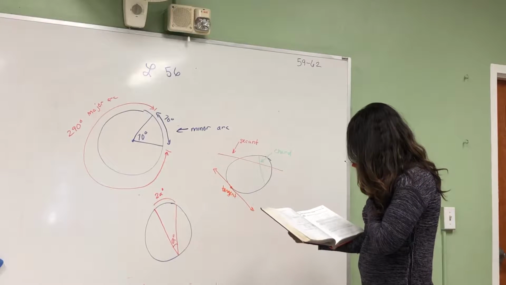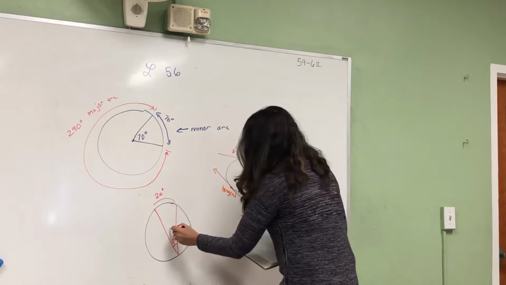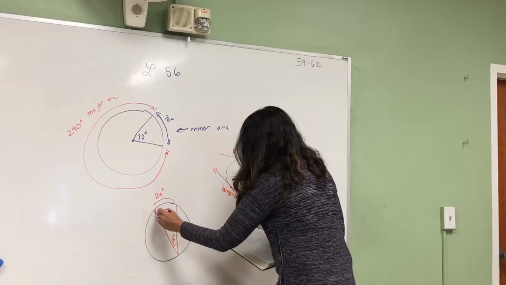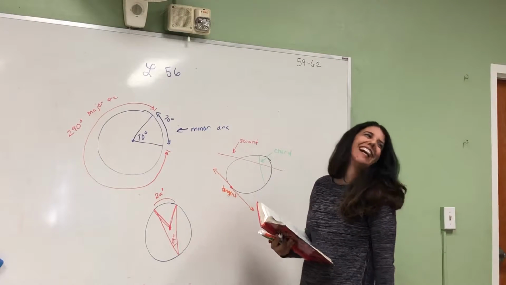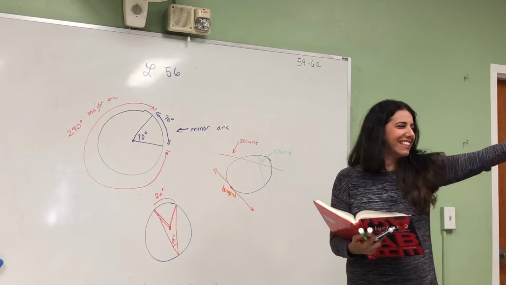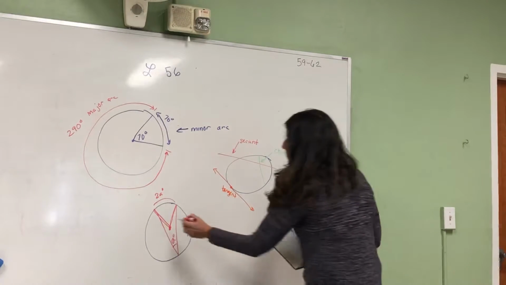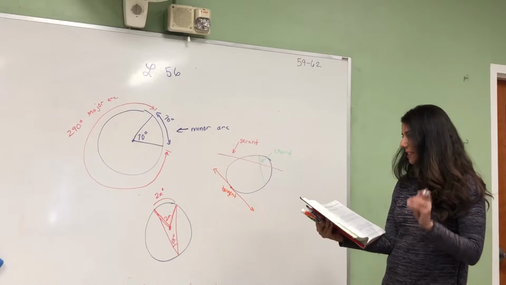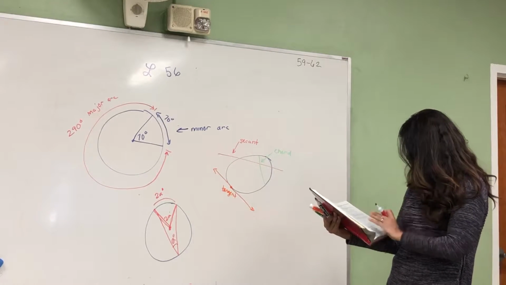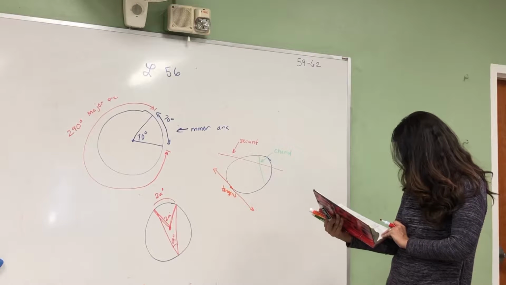And if we had a central angle, are you kidding me? Alright, so Happy New Year, good to see you. Okay, I'm so excited. All right, 280 degrees. So the central angle is the same as the intercepted arc there.